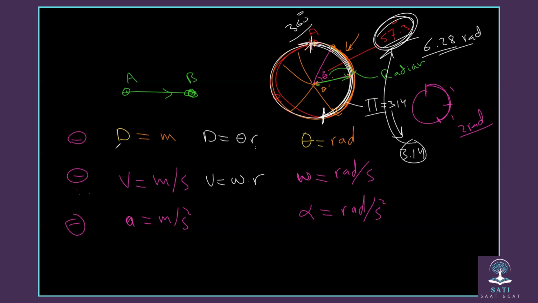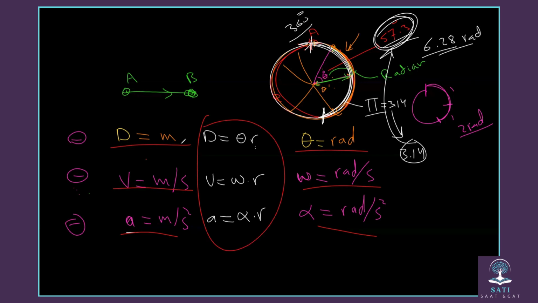And if we want to get linear acceleration, we multiply angular acceleration by the radius. That means now we understand linear motion, three things, and angular motion, three things, and how to convert between them. If you multiply angular motion by the radius of the circle, it is changed into linear motion.